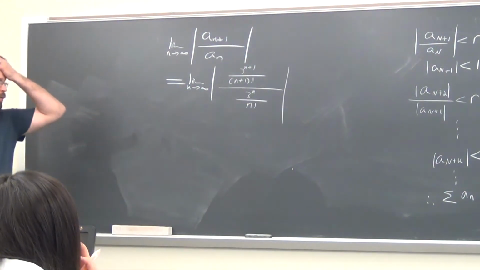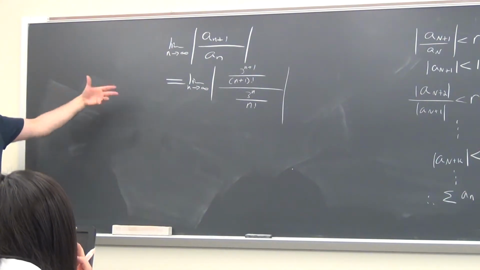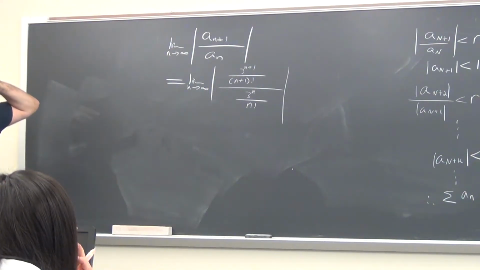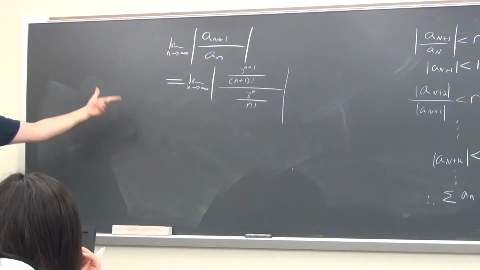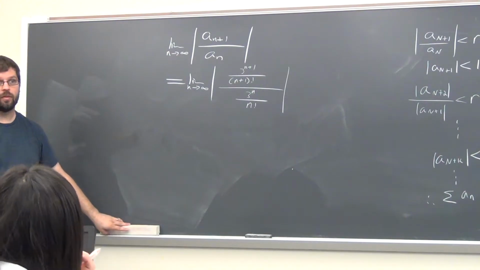You've got to be very careful. You've got to realize it's a sub n plus 1 on top, otherwise you're going to get the opposite answer every time. So keep the right ratio. And in this case, we don't really need the absolute values, right? Everything's positive inside there, so I'll drop that from now on.